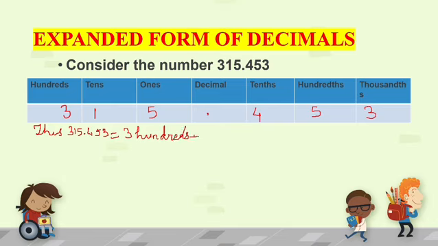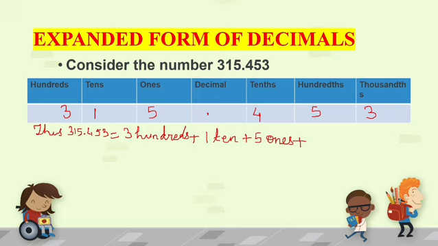Then we are going to put the sign of plus because we are writing the sum of the value of each place, right? So 3 hundreds, then 1 is in tens place, so 1 ten, plus 5 ones. Then next our whole number is finished.